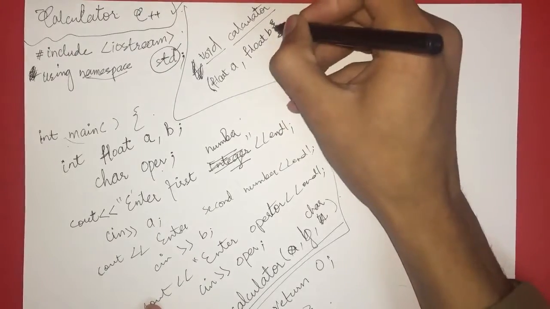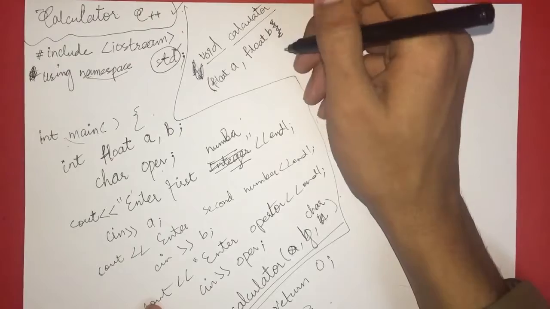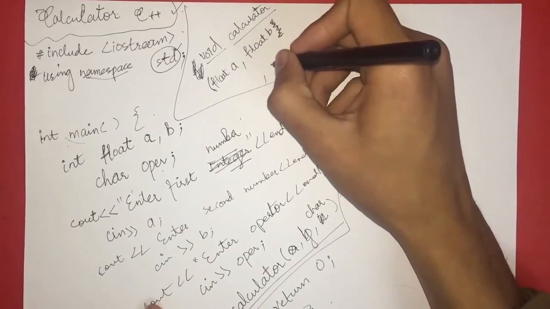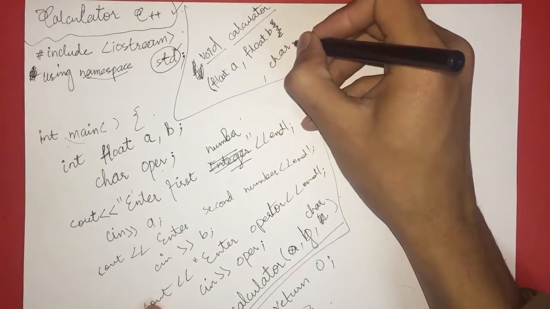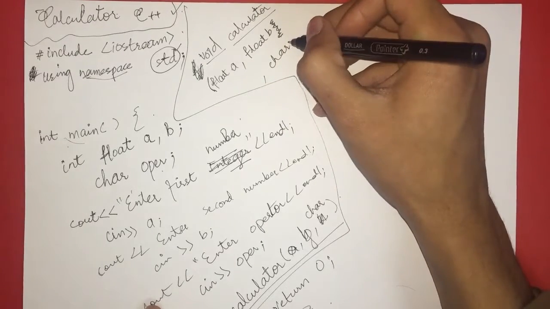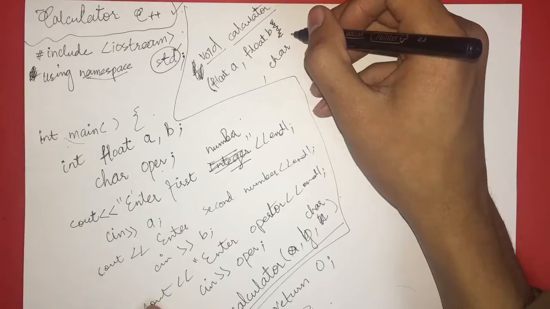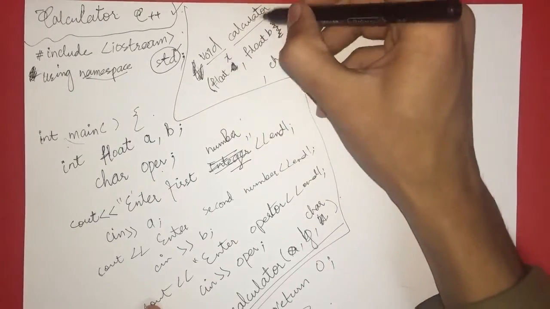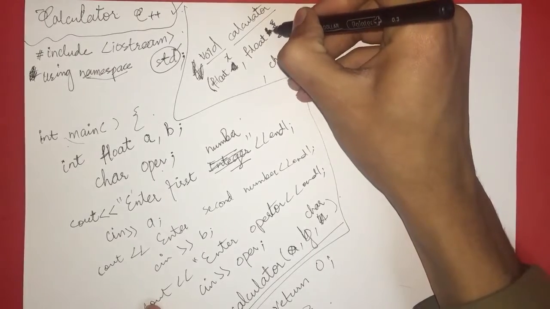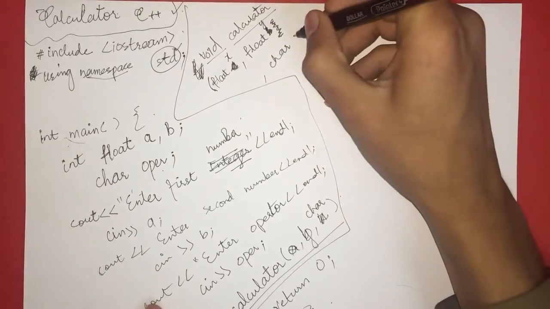I messed up. After float b you're going to say char, okay, I messed up again. This is float x, this is float y, and this is char z.